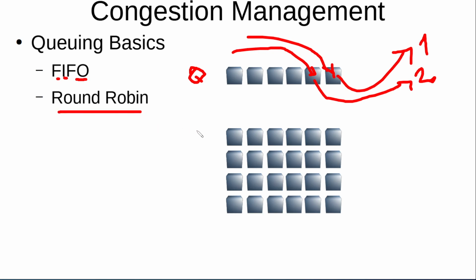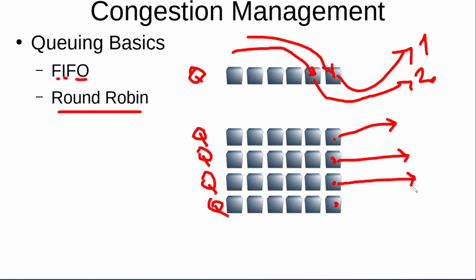With round robin, what you will have is several queues, and if you have packets in each queue, with round robin, you will be picking up one packet from the first queue and transmit it, then picking one packet from the second queue and transmit it, then picking one packet from the third queue and transmit it, and so on. So all queues are served in an equal manner.